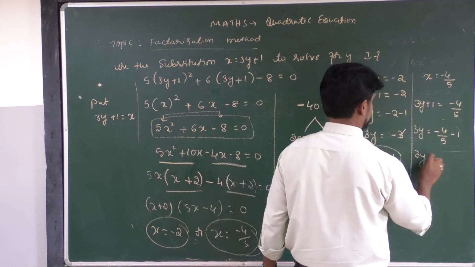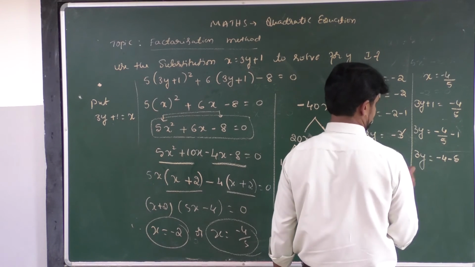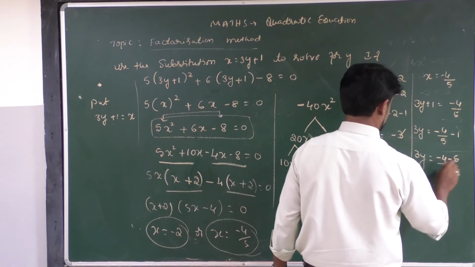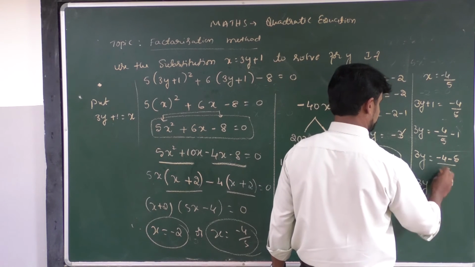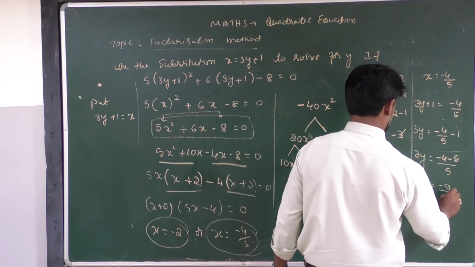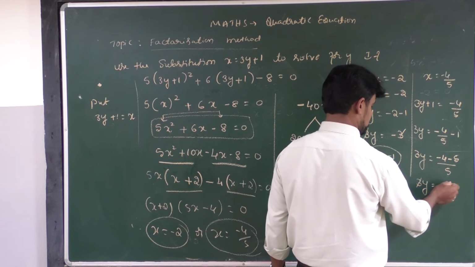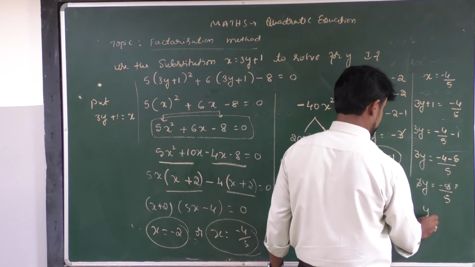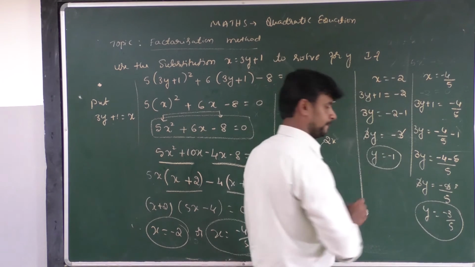Therefore, 3y is equal to minus 4 minus 5 divided by 5. Then the value of 3y becomes minus 9 by 5. You can easily cancel this 9 by 3. 3 1s are 3, 3 3s are 9. Therefore, the value of y is equal to minus 3 by 5.